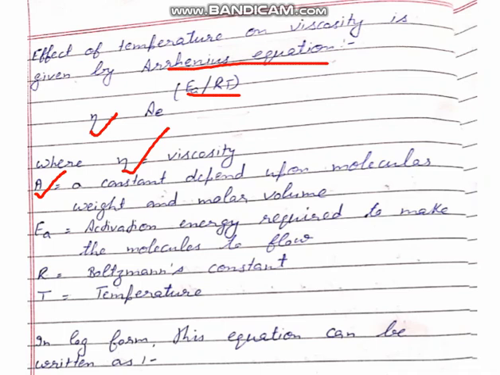Capital A is a constant which depends upon molecular weight and molar volume. Ea is activation energy required to make the molecules to flow. R is the Boltzmann constant and T is the temperature at which study has been carried out.